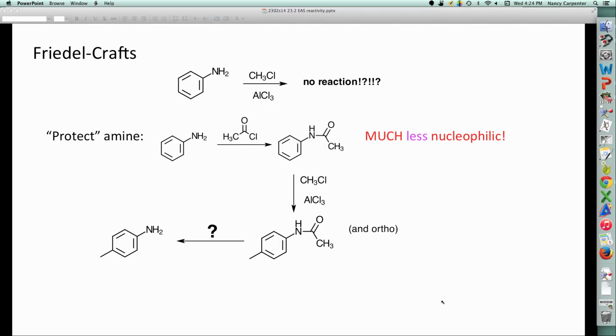All right, now, what about that Friedel-Crafts? Well, we've got a problem with aniline because it basically is going to be a really good nucleophile all by itself, and we might just have a problem with that being our product.